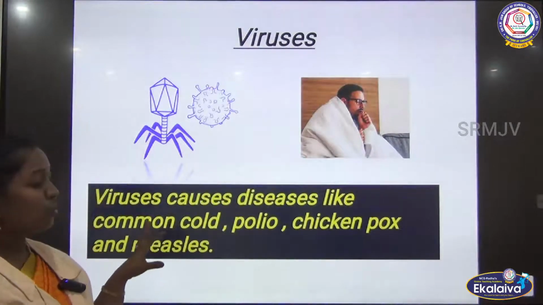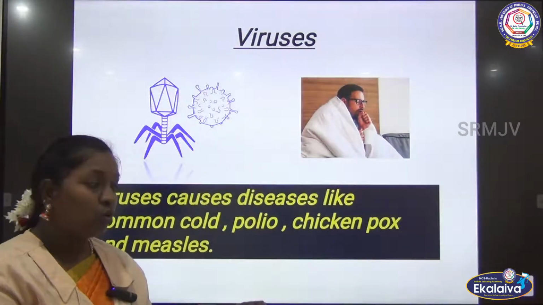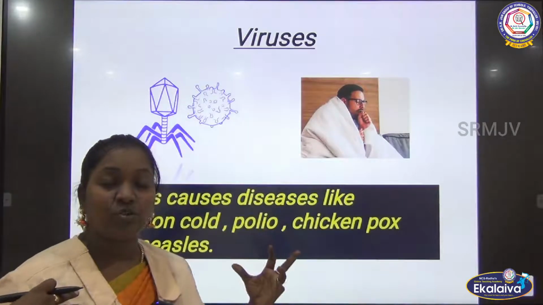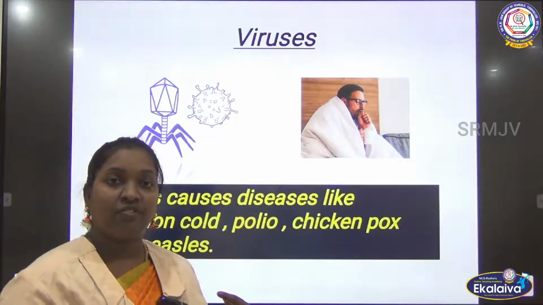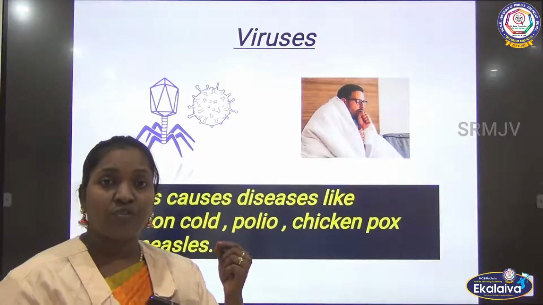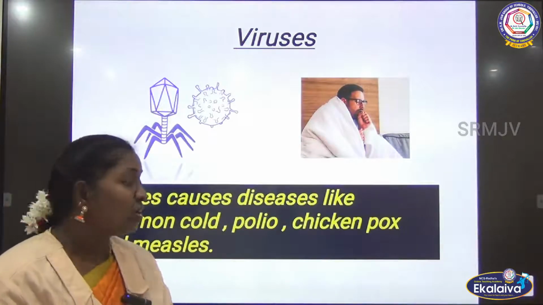With the common cold, we feel sneezing or coughing. With polio, the person affected by this virus gets paralysis, and one part of our body cannot function. With chickenpox, there is fever and spots form. These diseases are caused by the germs of virus only.